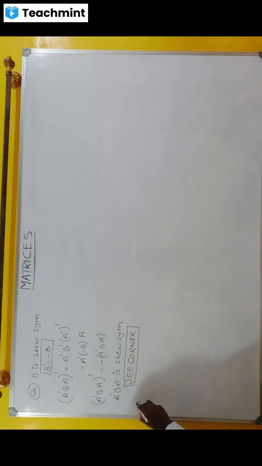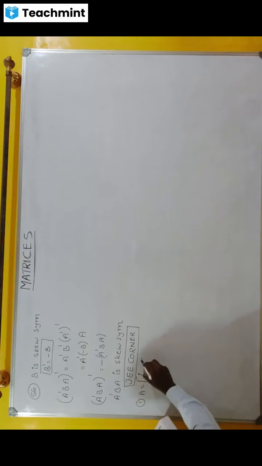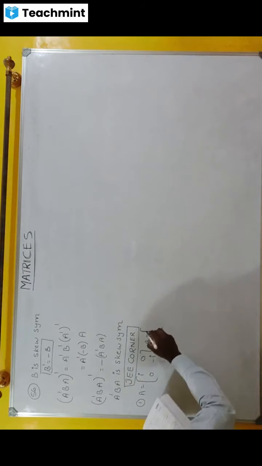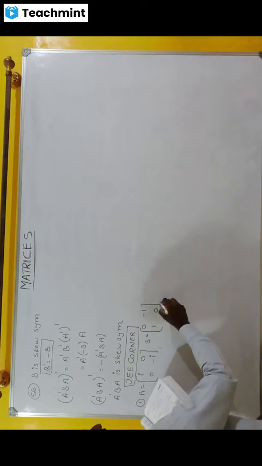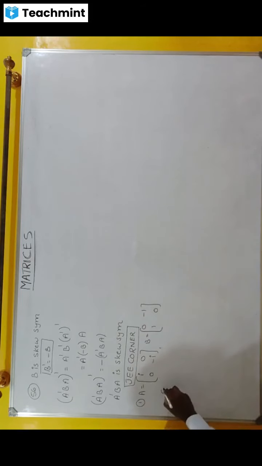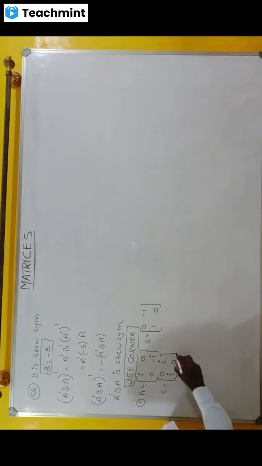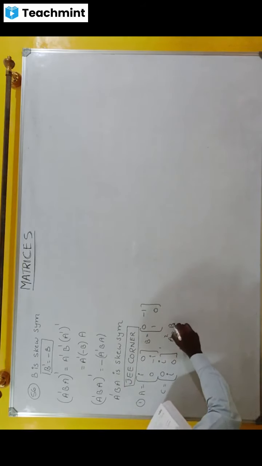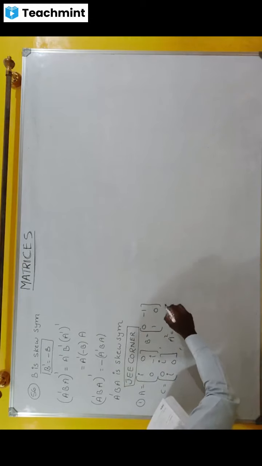The first question is A matrix is equal to I 0 0 minus I. B matrix is equal to 0 minus 1 1 0. Okay. C matrix is equal to 0 I I 0. And we need to find A square is equal to B square is equal to C square is equal to how much?